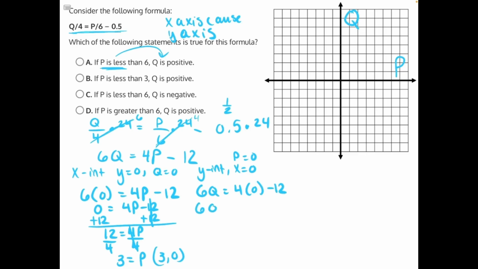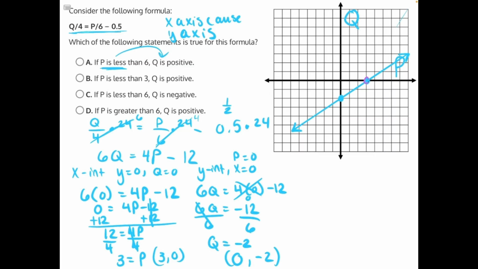Here, we'll have 6q equals 4 times 0 is just 0, so this is completely gone, leaving us with negative 12 on the right side. 6 is being multiplied to q, so the opposite is division to both sides. These will cancel, leaving us with q equals negative 12 divided by 6 is negative 2, or the point 0, negative 2. Here I have used our intercepts in order to graph our function so that we can visualize it and find our correct answer.